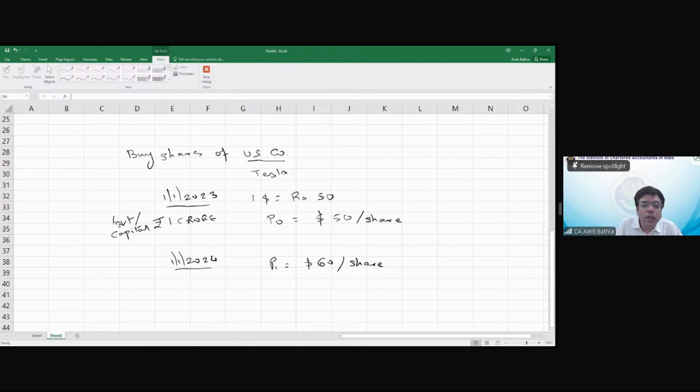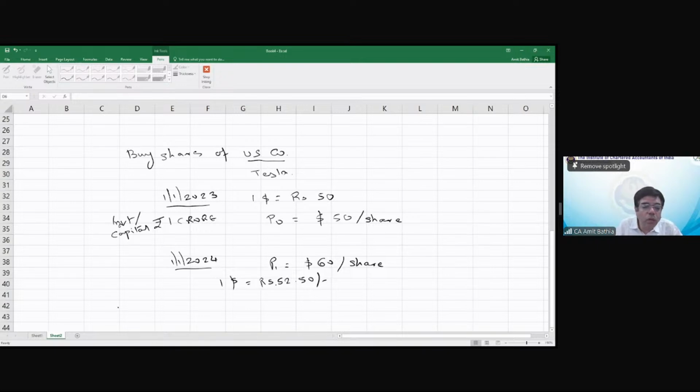As on 1/1/2024, the price of $1 has become, say, rupees 52.50. I repeat once again, on 1/1/2024, the price of Tesla shares has become $60 per share, and the exchange rate is $1 equal to rupees 52.50.